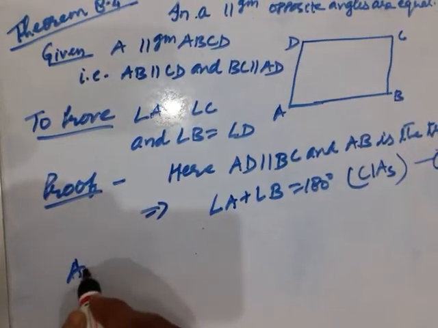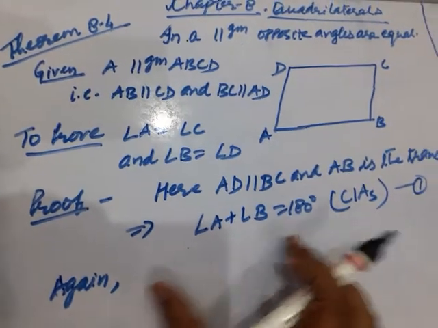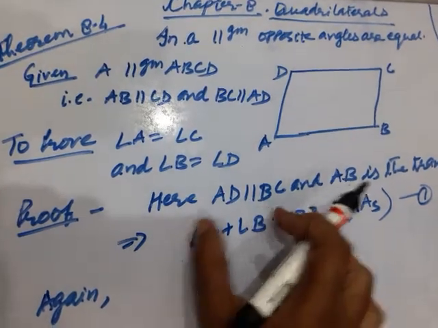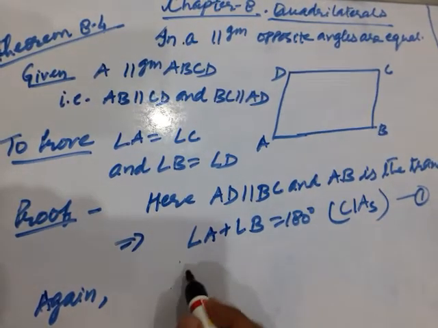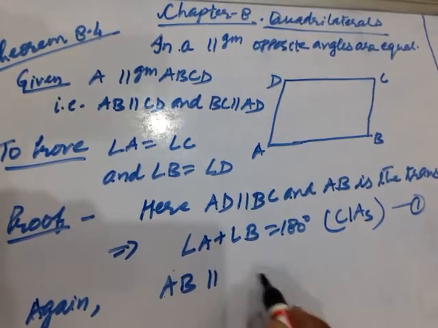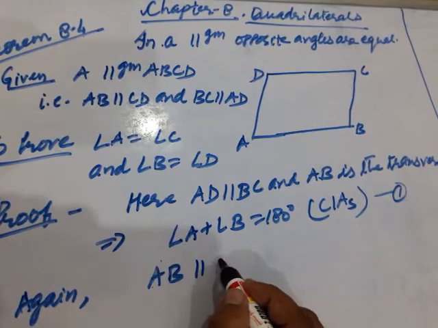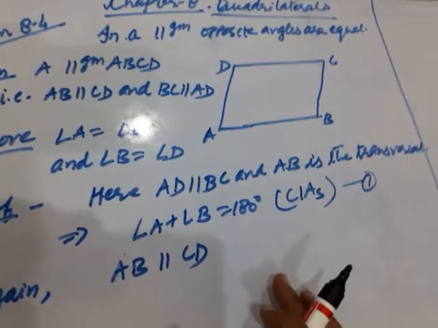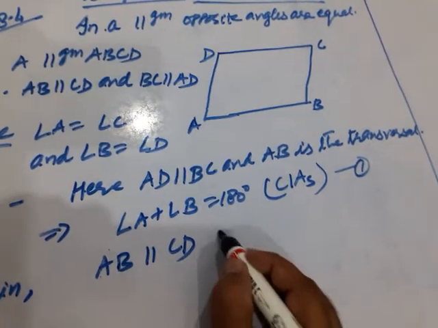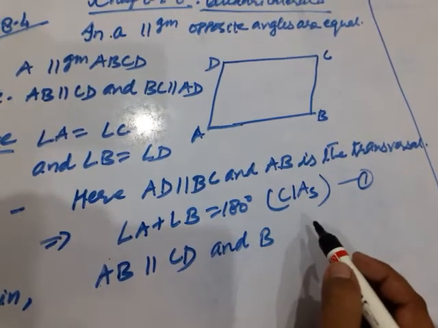Again, what is the next situation here? Now here AD is parallel to BC we had taken. Now AB is parallel to CD, and BC is the transversal.